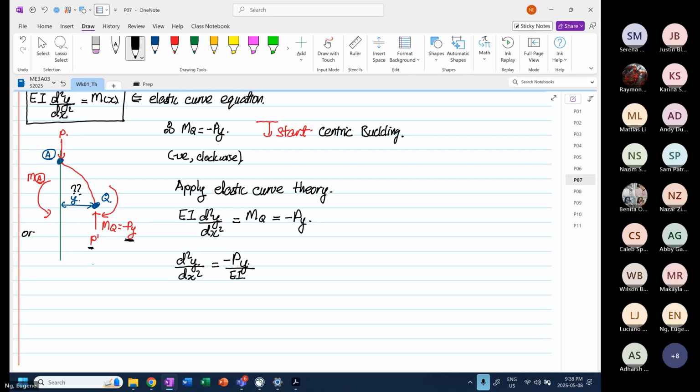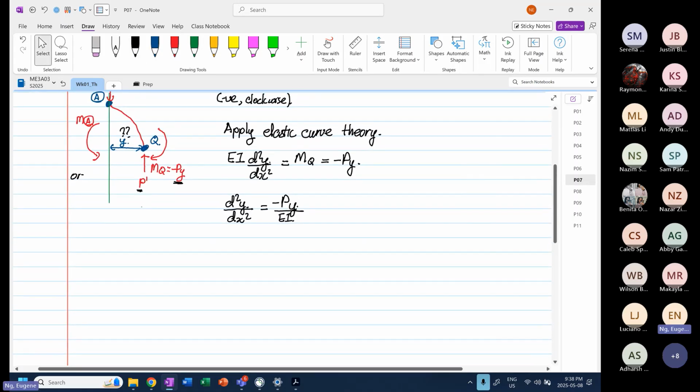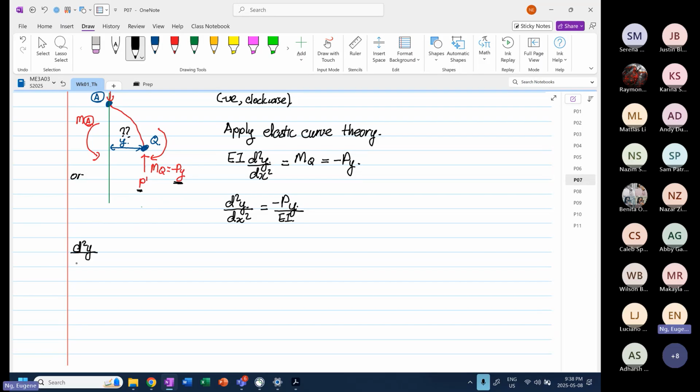So with this, we are going to rewrite the expression: d squared y over dx squared plus capital P y over EI.